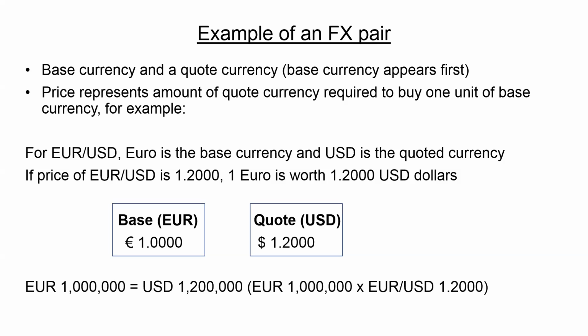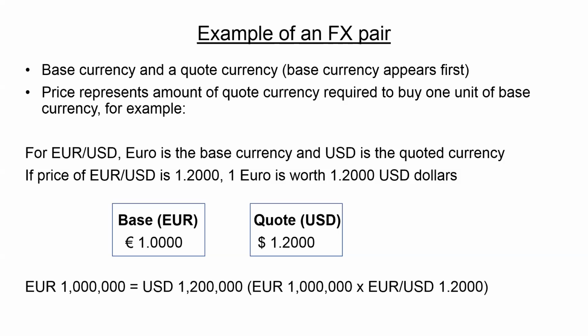Now, a currency pair breaks down into a base currency and a quote or quoted currency, where the base currency always appears first. So the price of an FX pair represents the amount of quote currency required to buy 1 unit of base currency. So here's an example.